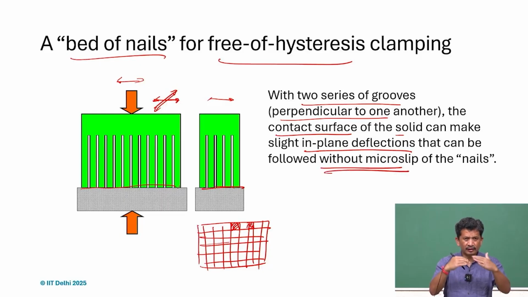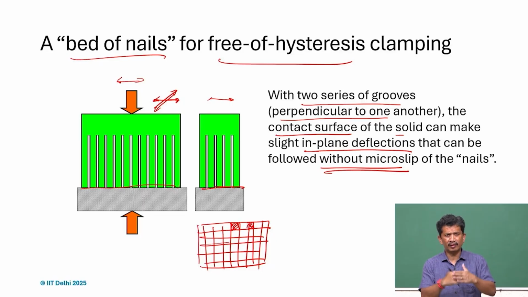Because these are elastic members, if they have to accommodate any kind of deviations because of thermal expansion or contraction, they can easily accommodate. There is no need to move it entirely. So without micro slip, the hysteresis will not happen. There will be no hysteresis, and therefore the repeatability will always be better.